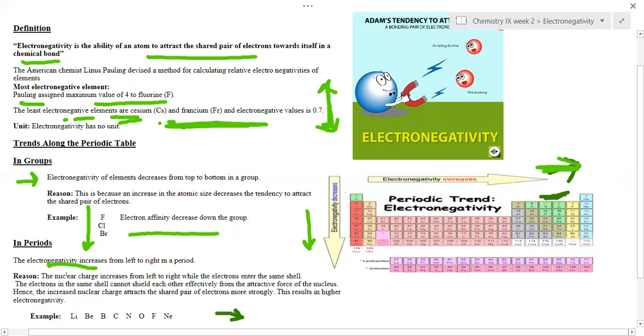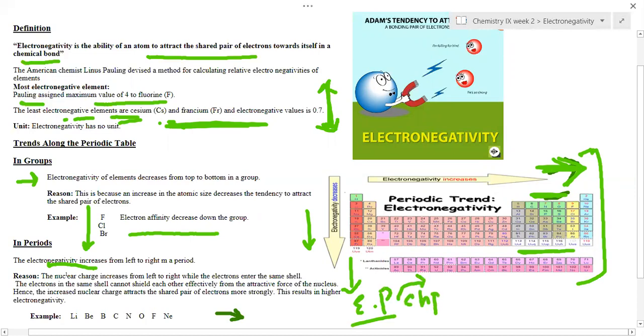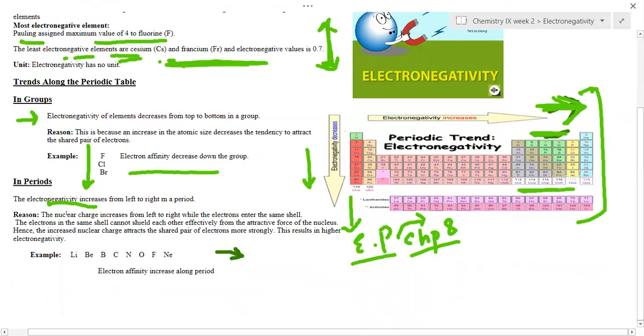The most electronegative elements are found on the right side of the periodic table, and here we find electropositive elements, which you will discuss again in chapter 8 of 9th class. We'll talk about it later on.